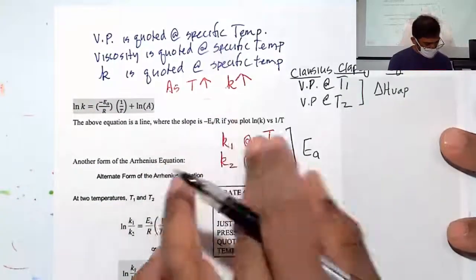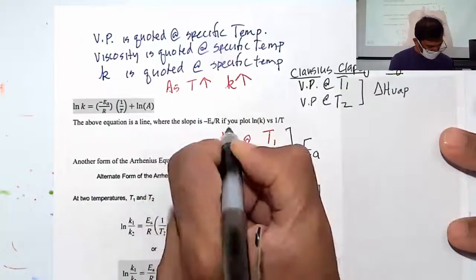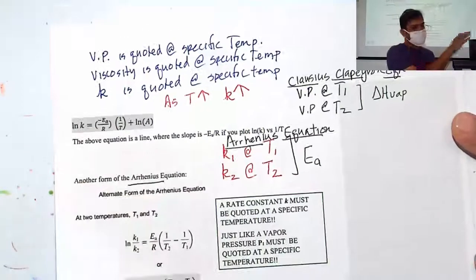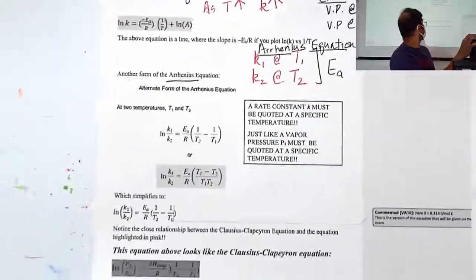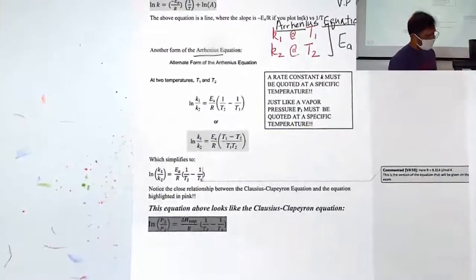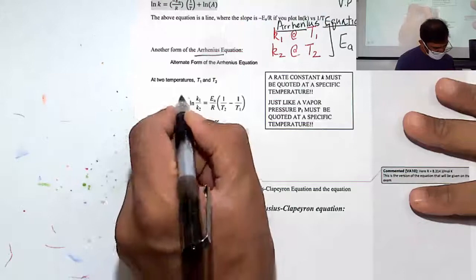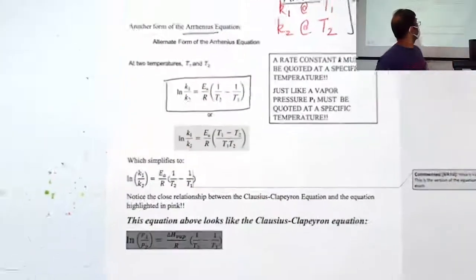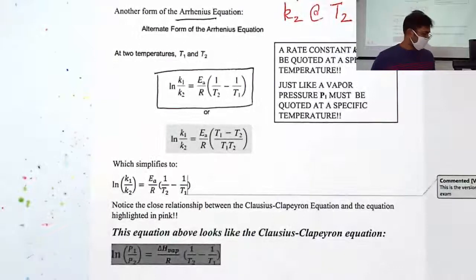This equation is called the Arrhenius equation, shown here on page 16. I'll give this to you on the exam, so you do not have to memorize it.